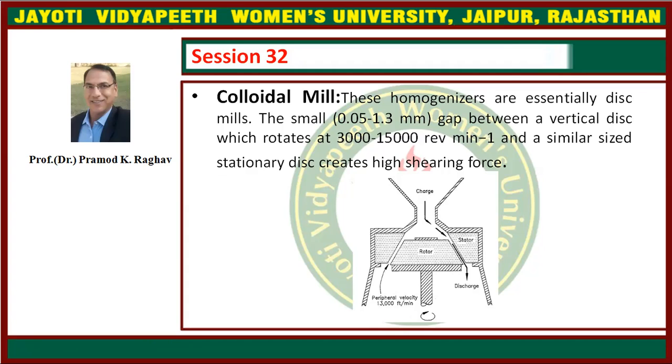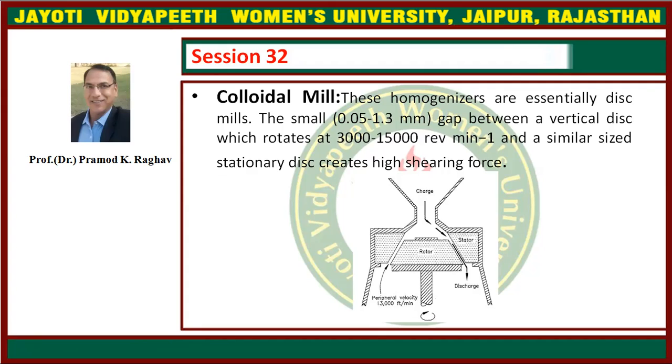Shear force is created, and when the product comes under that shearing force, new particles are created and homogenization takes place. These homogenizers are more effective than the pressure homogenizers, and are used for high viscosity liquids.